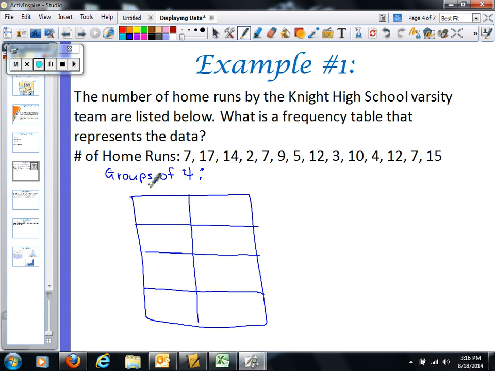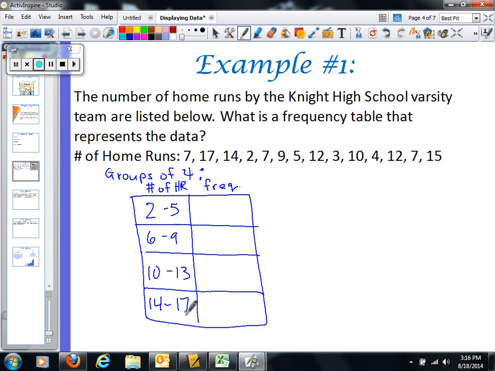So this would be number of HRs, and this is going to be how many times they show up, or we can just call it the frequency. So we had 2 through 5, 6 through 9, 10 through 13, and 14 through 17.